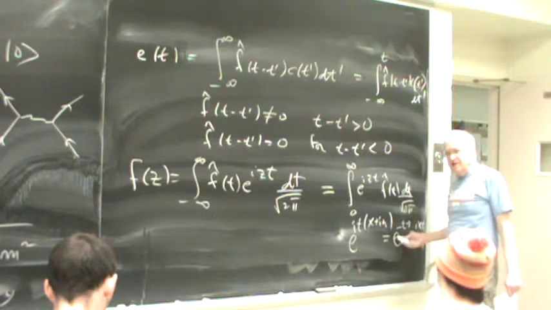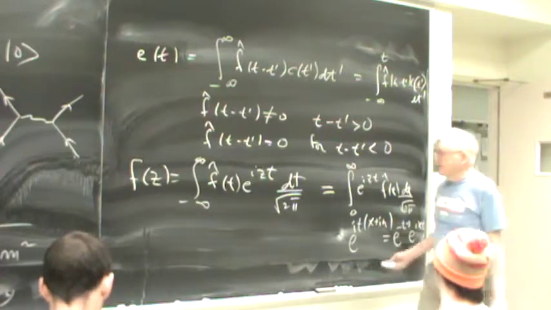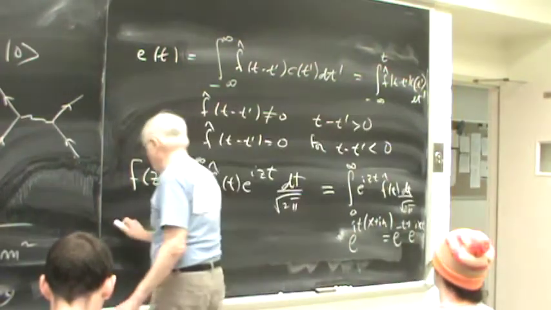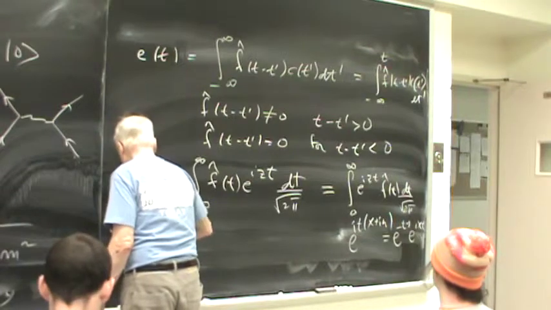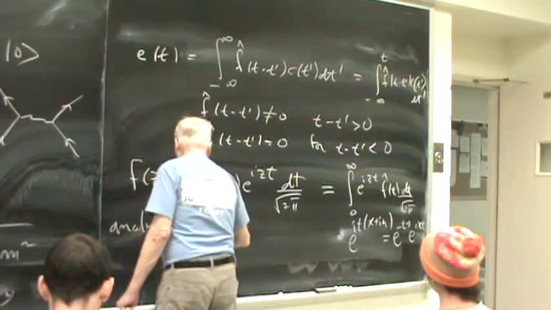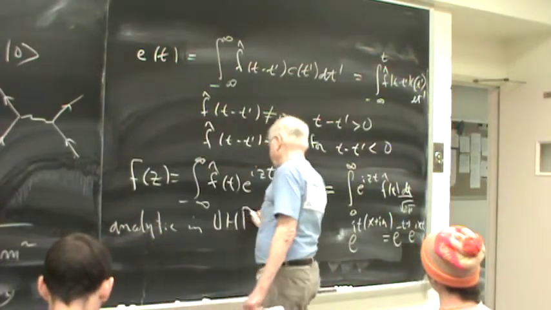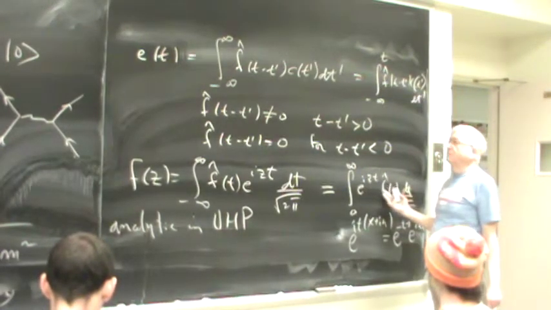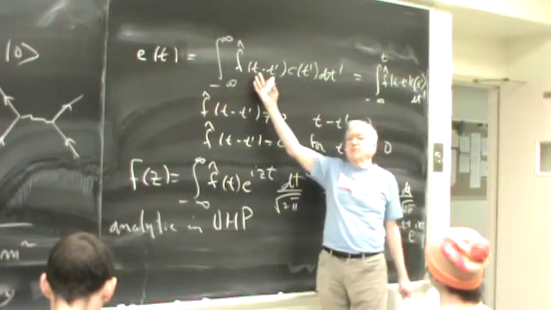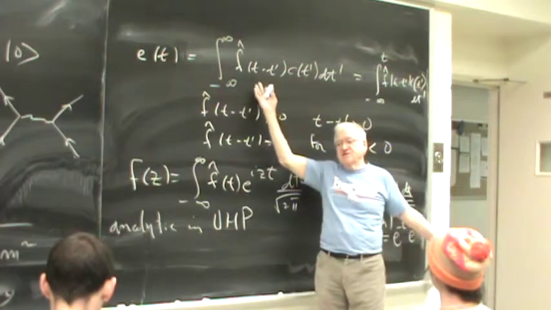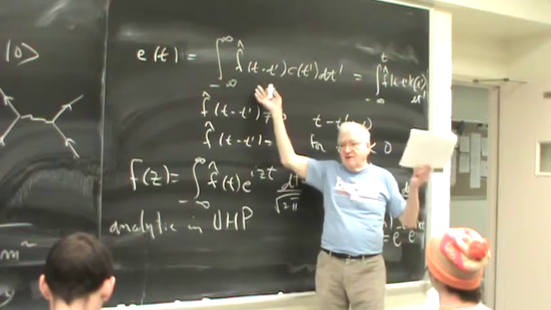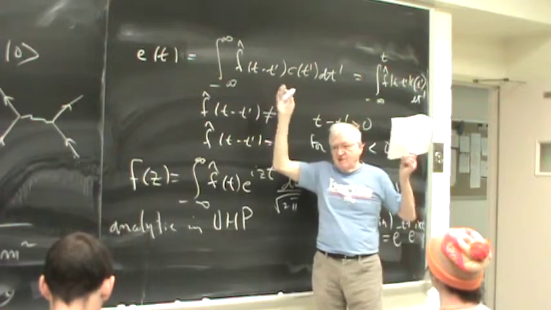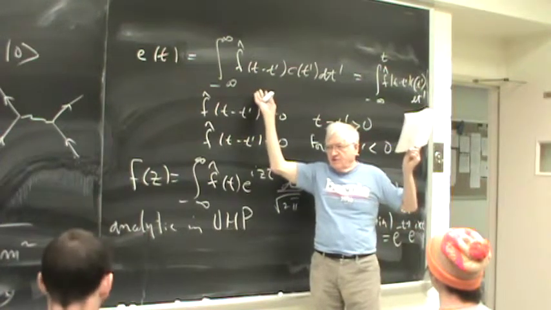This damping, e to the minus ty, means that this function here is analytic in the upper half plane. Well, again, as long as f hat is not some hyperpathological thing dreamt up by somebody in a math department.